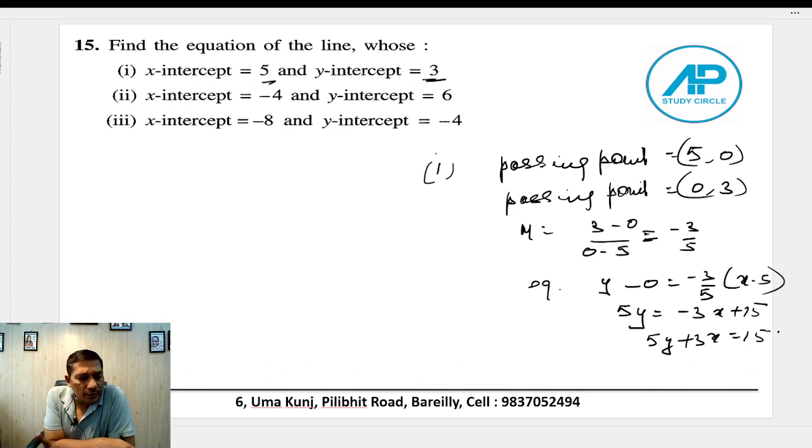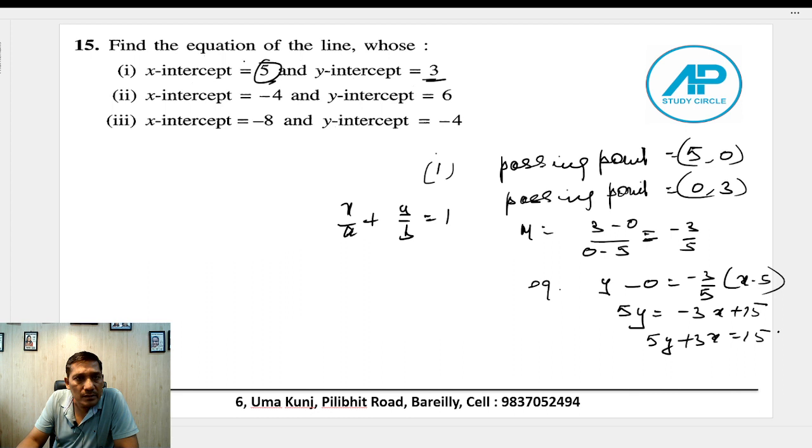The other method of solving this equation can be by using the intercept form of the straight line. I have given it to you in the previous video. x by a plus y upon b equals to 1.